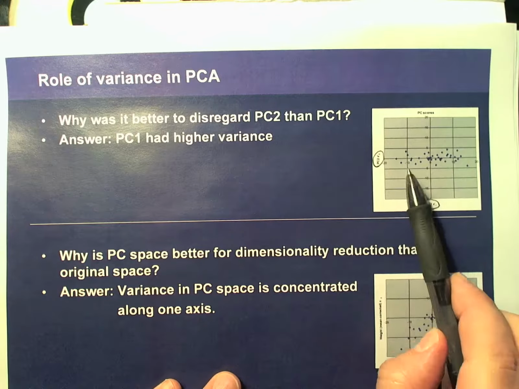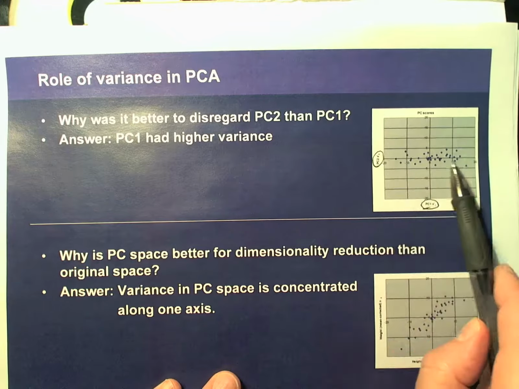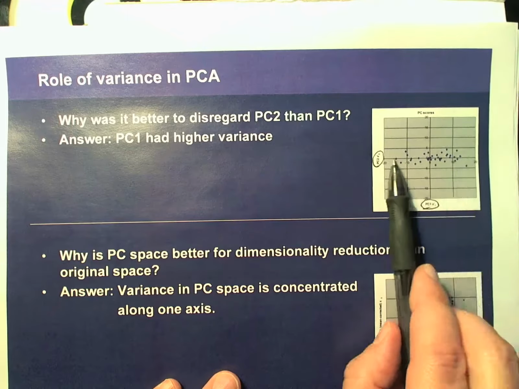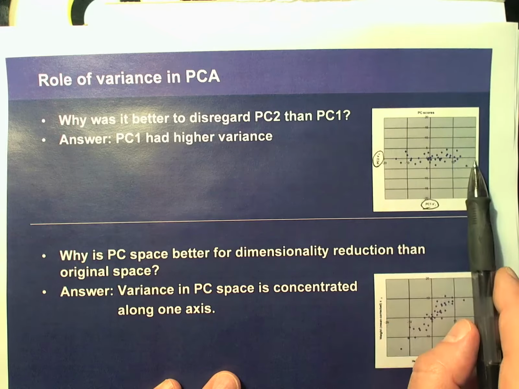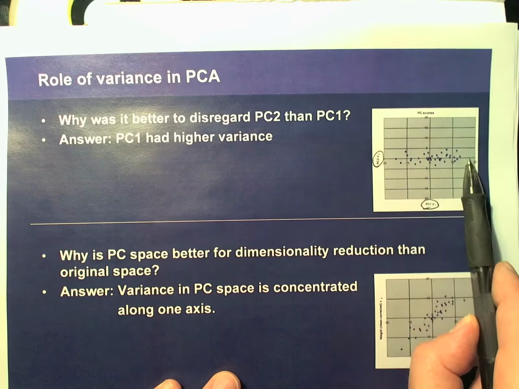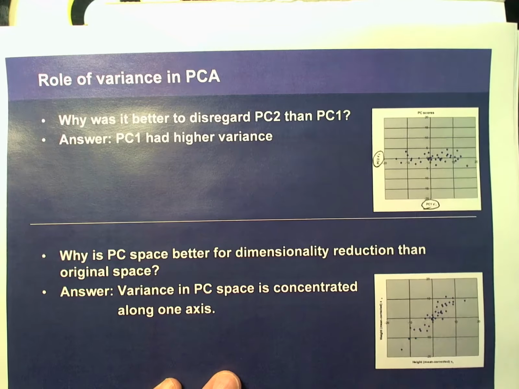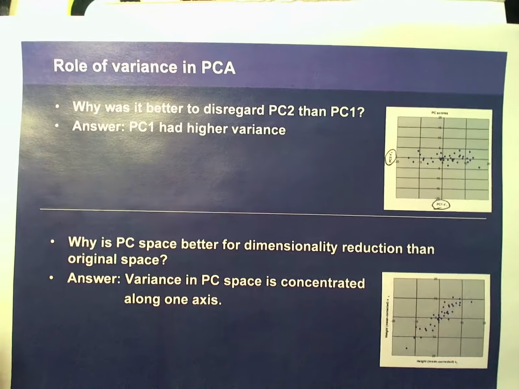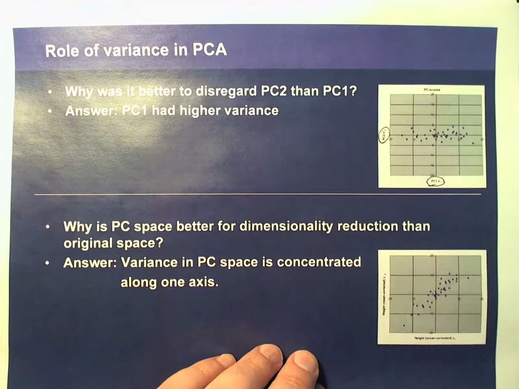Well, it's because all the variation, not all, but a much greater amount of the variation exists left to right than up and down. People were so close to this line that just telling that coordinate gets you very close to explaining them.